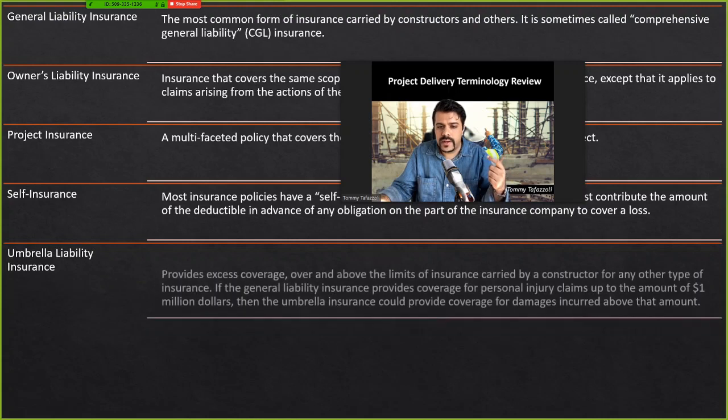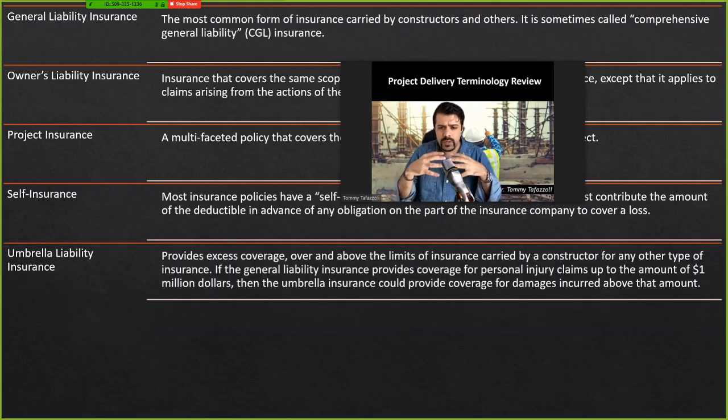So umbrella liability insurance provides excess coverage. For example, if the cap of insurance for a specific event is $1 million, and then the loss exceeds $1 million, then the umbrella liability insurance steps in and covers any additional charges that exceed the previous insurance cap.